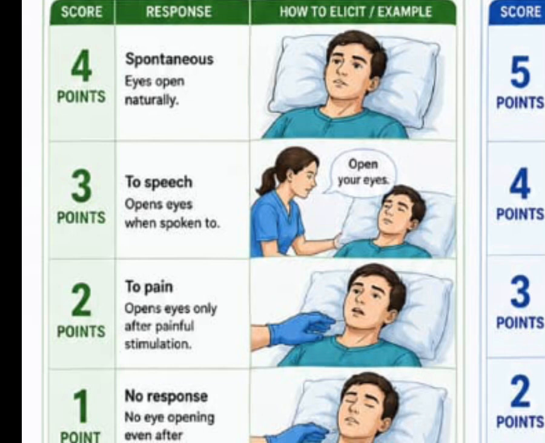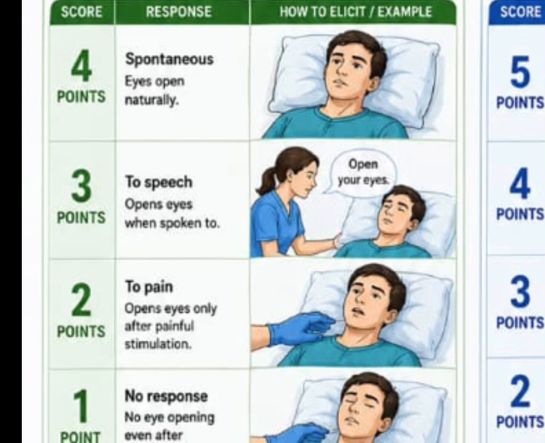Then when you inflict pain, if the person's eyes don't open, that's 1. But when you inflict pain and the patient opens his or her eyes, that gives you a 2. Inflicting pain, opening eyes, 2. Inflicting pain, not opening eyes, 1. Are you getting me now?